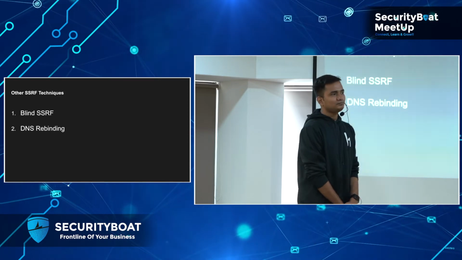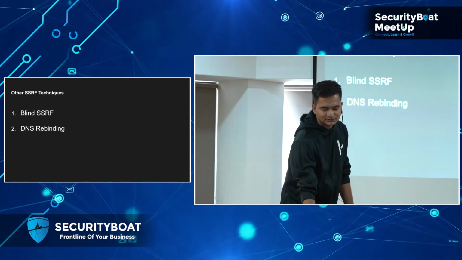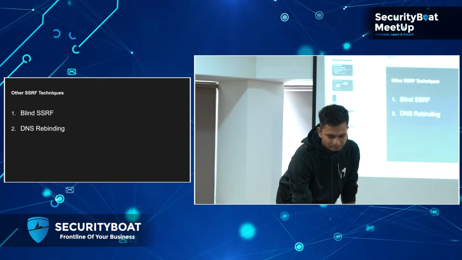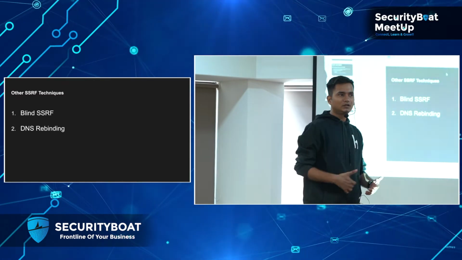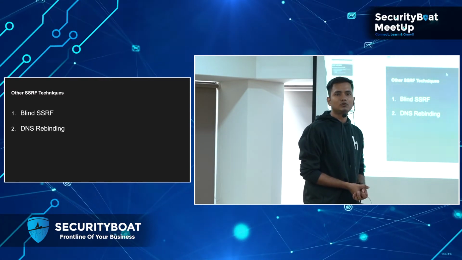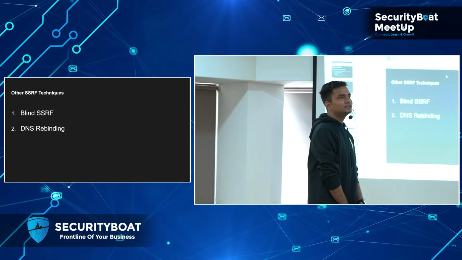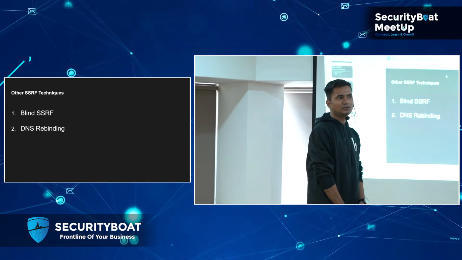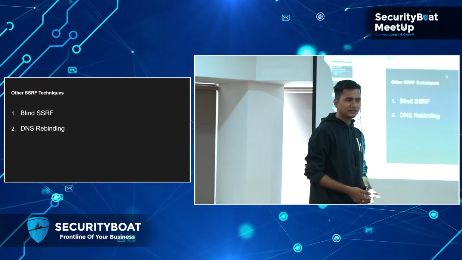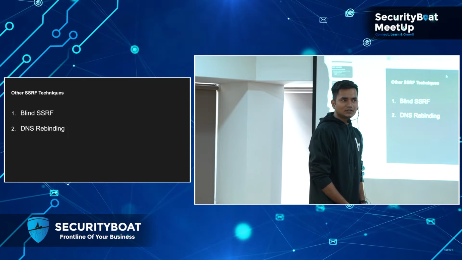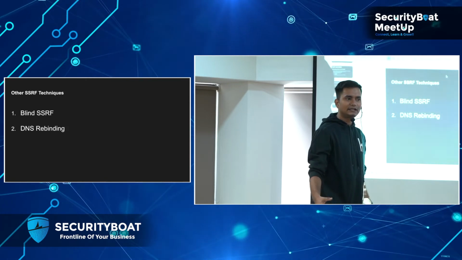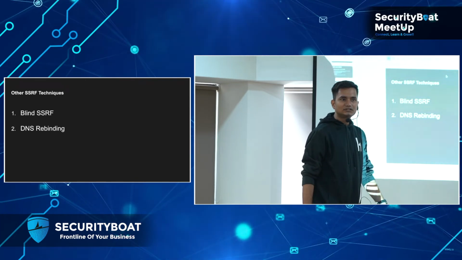So let's talk about DNS rebinding because I think it's a very interesting and overlooked topic. I think most people don't try DNS rebinding. So for example, here you can see the developers are very much aware of these SSRF issues. So they have proper blacklisting and they are denying all requests to AWS IPs.